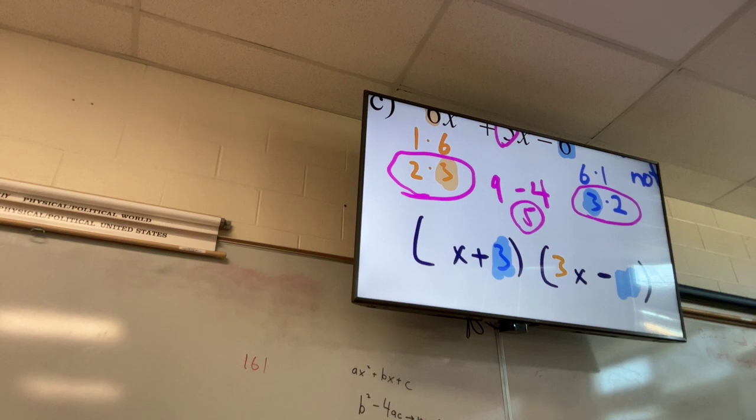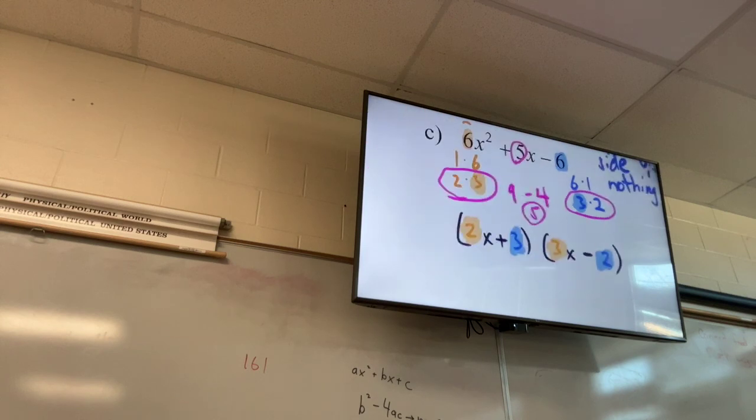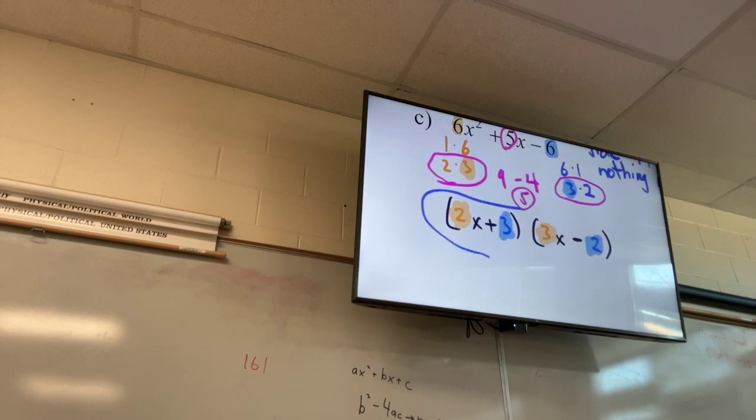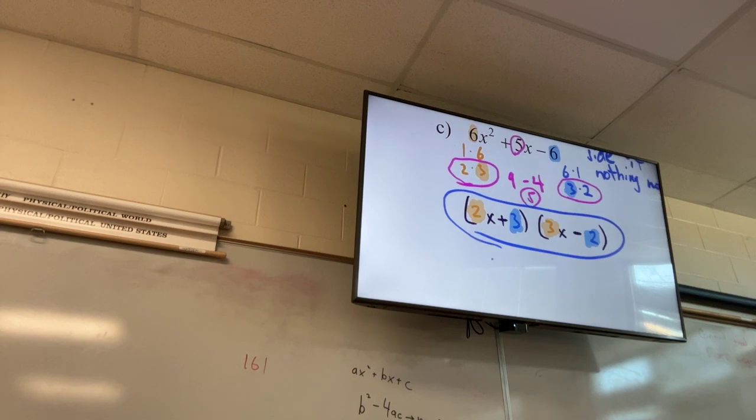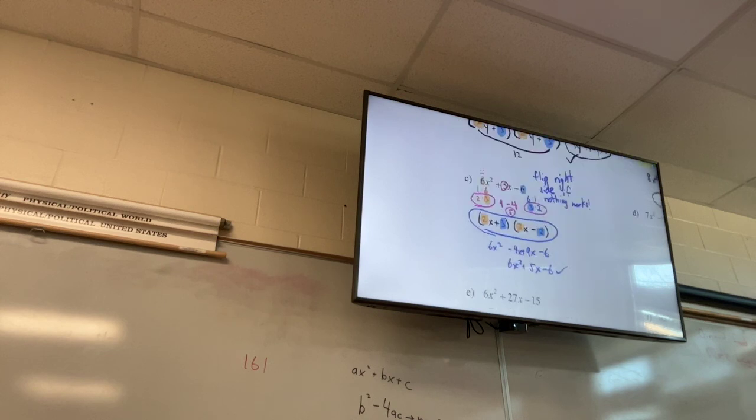The orange numbers have to be here. So then 2 needs to be on the outside, and this other 2 needs to be on the outside as well. That's my right answer right here. I can FOIL it back out.